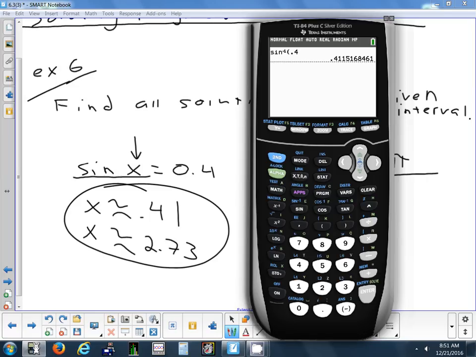Subtract it from what? 2 pi? Nope, not 2 pi, because 2 pi would be 6.280. If you subtract it from just pi, watch what happens. You get 2.73. So why did I subtract it from pi? Well, we'll learn later on.